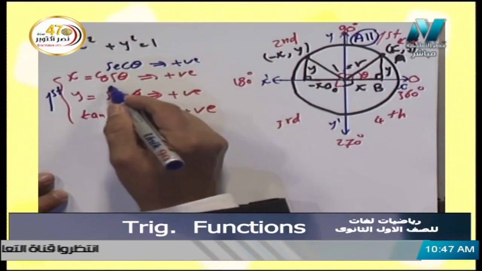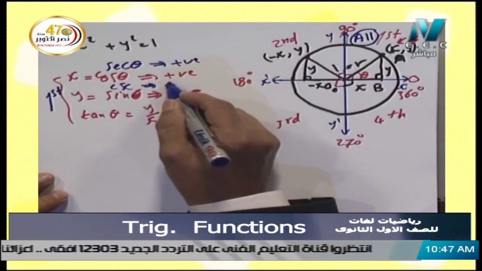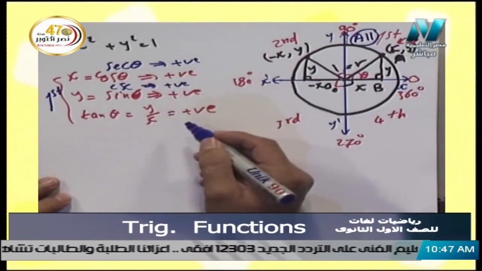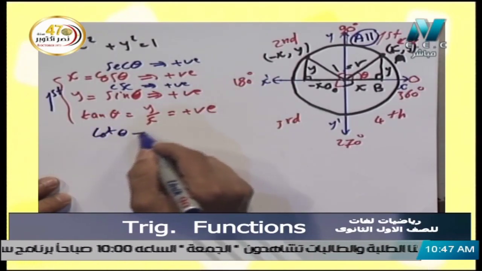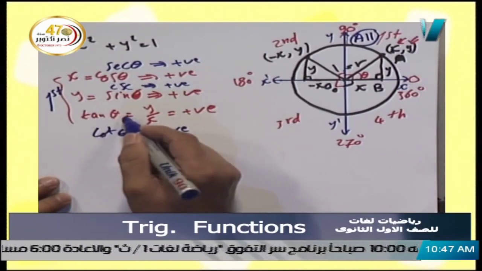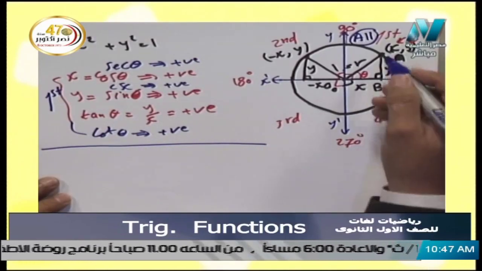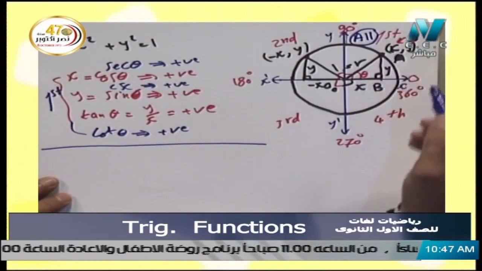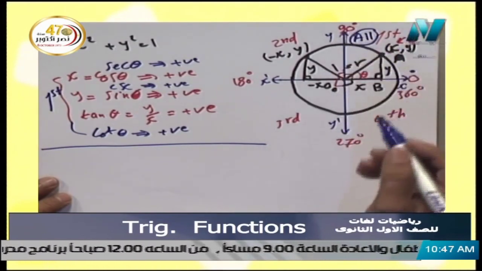The reciprocal of sine is cosec, so cosec also will be positive because sine is positive. And the reciprocal of tan is cotan, which will be positive because tan is positive. So all trig functions are positive in the first quadrant, which lies between 0 and 90 degrees.